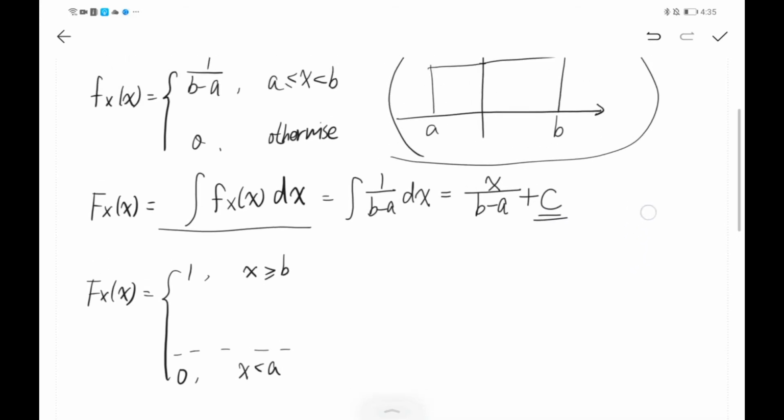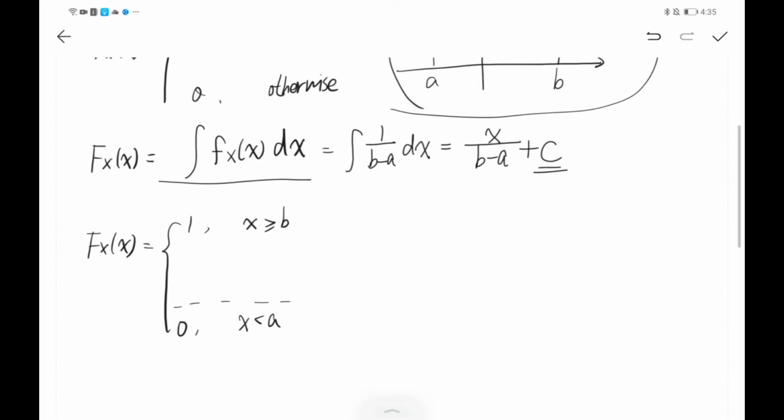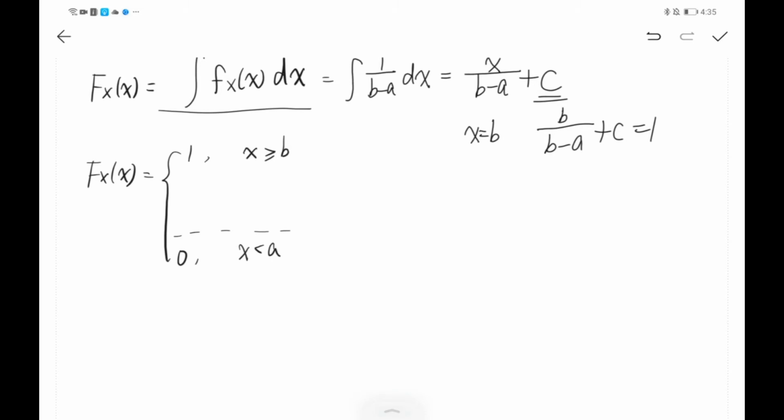We know that when x equals b, the value of the distribution function equals 1. So when x equals b, b over b minus a plus c equals 1. So c equals 1 minus b over b minus a, which equals minus a over b minus a.